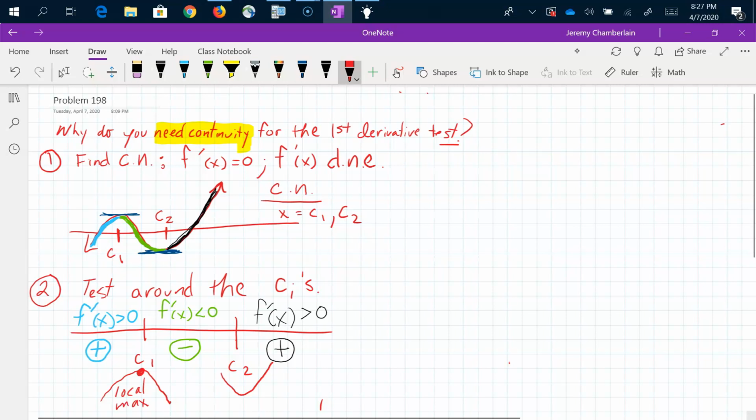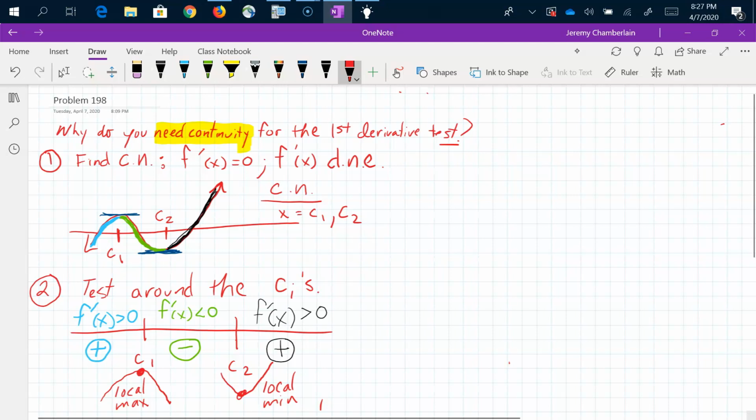And when the sign of the derivative switches from negative to positive, I'm going to have a local min. Of course, this requires that the function itself is continuous, and what I've drawn here is a continuous function.